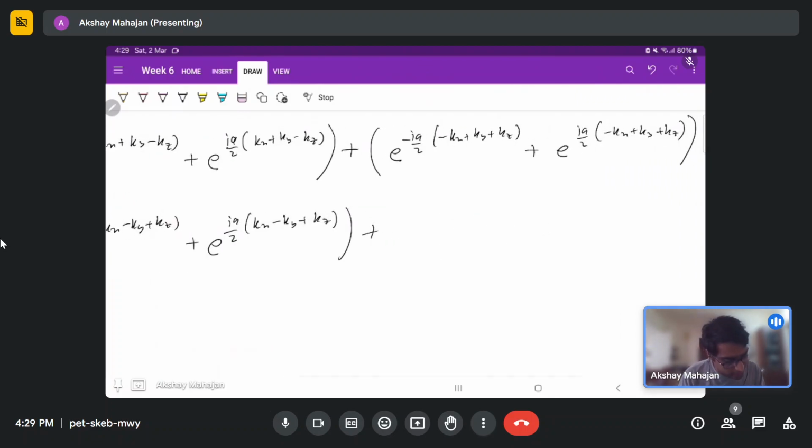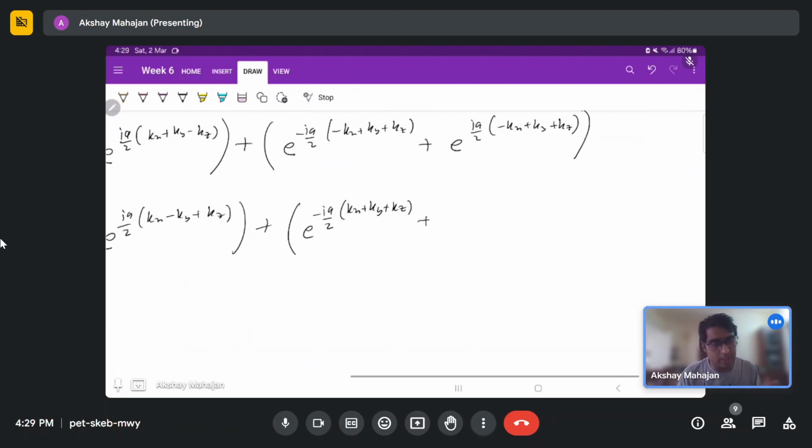And then we will have one from both m plus 1, n plus 1, l plus 1, e to the power minus iota a by 2, that will be kx plus ky plus kz, and then the complex conjugate of it from the m minus 1, n minus 1 and l minus 1 neighbor, e to the power iota a by 2, kx plus ky plus kz.